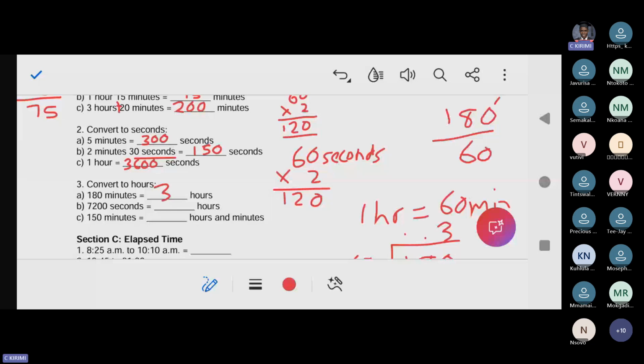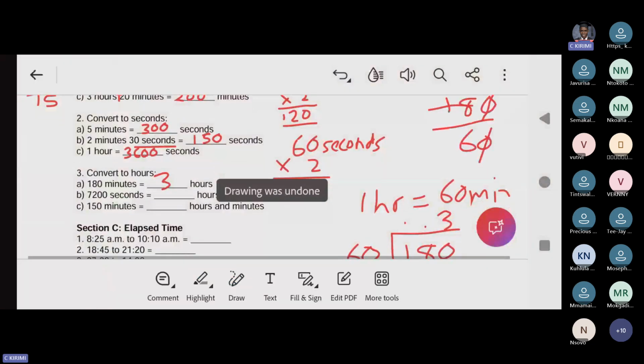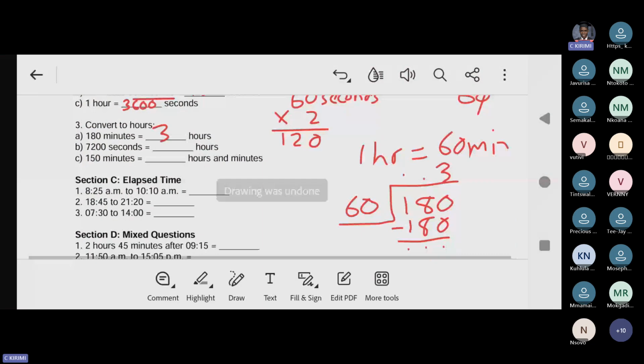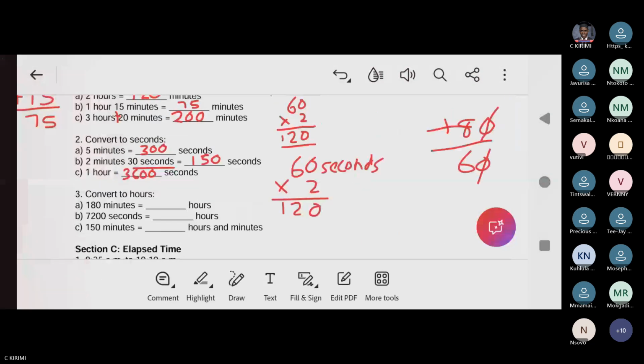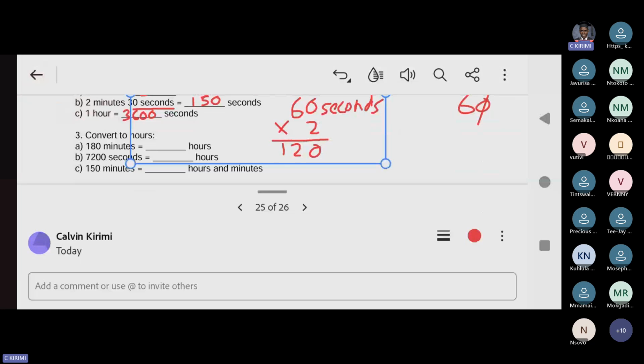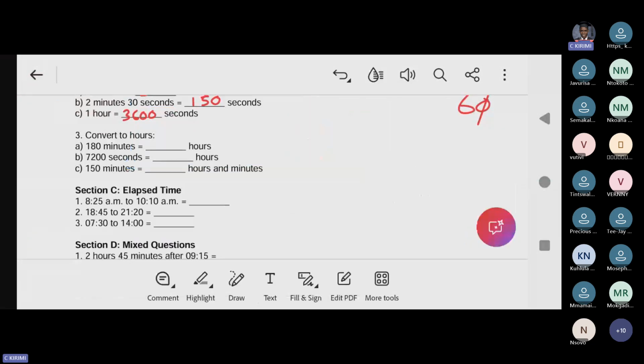If you see there's a 0 on the numerator, it cancels with the 0 on the denominator. 6 goes into 18 how many times? 3 times. This is the 3, which is 3 hours. So you are allowed to use any method of your choice. If you are not told to use a specific method, you use the method that you understand the most.